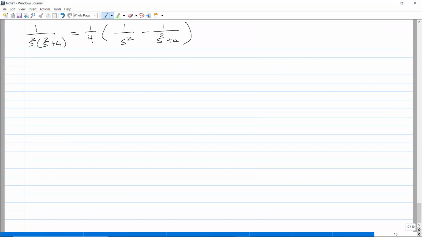All right, now, what is the inverse Laplace of 1 over s squared? Just t, right? And what is the inverse Laplace of 1 over s squared plus 4? Sine 2t, right? But if you have sine 2t, then in the numerator you should have 2.